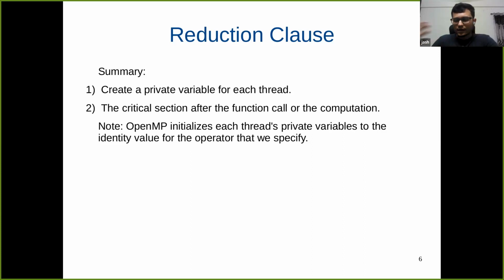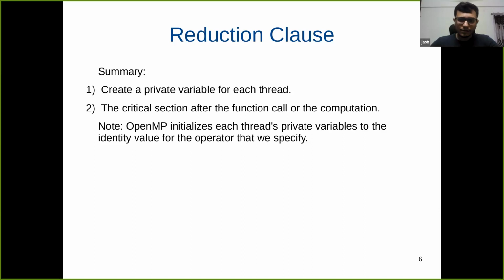So the function call, or whatever computation is specified, will happen first, and then there will be a critical section in which we add the result or perform that particular operation. If the operation is adding, then it will add. Otherwise, let's say it's multiplication, then it will multiply, and so on. That will happen after the computation, within the critical section. I hope this is clear.